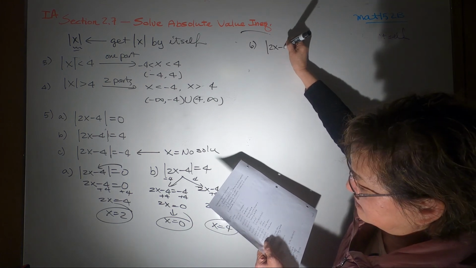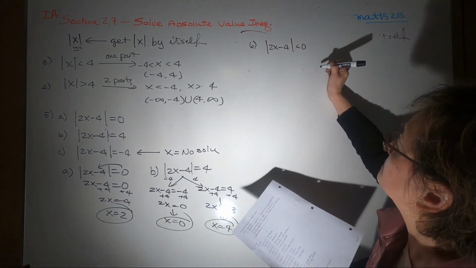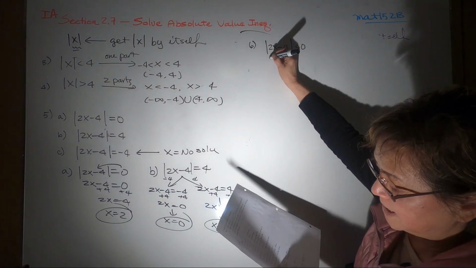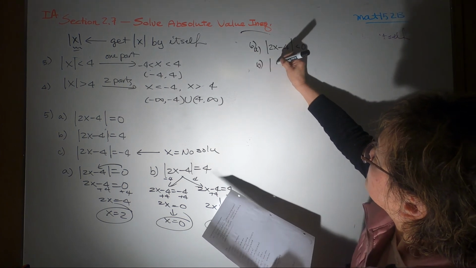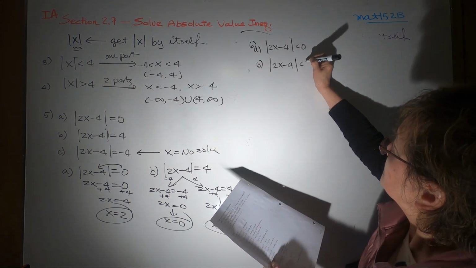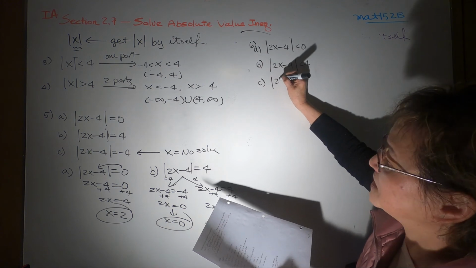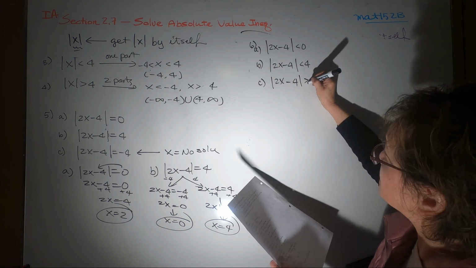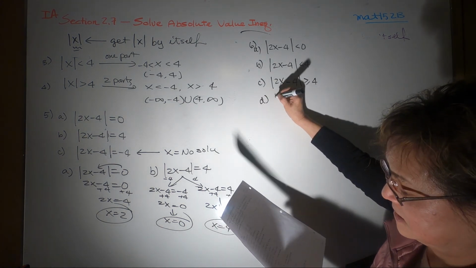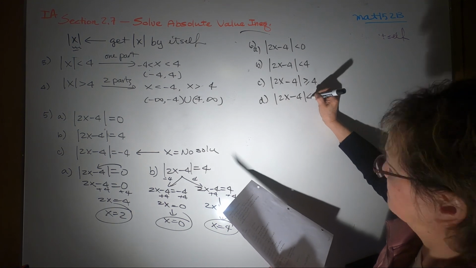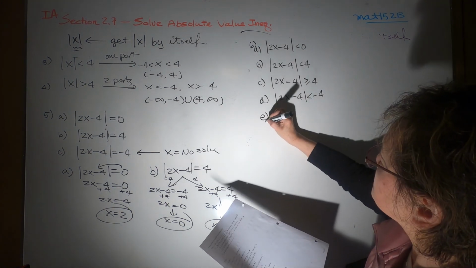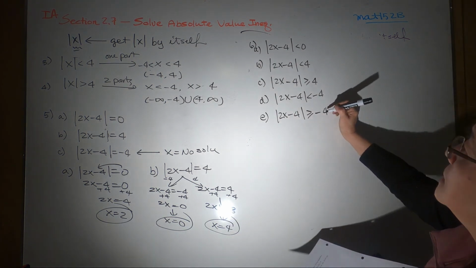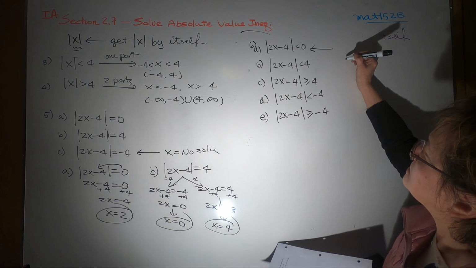So we have this -0. Is that possible? Okay, so then 2x minus 4 less than 4 for the same thing. We have here it's equal to, right? Now we are doing the inequalities, right? So 2x minus 4 less than 0, can absolute value be less than 0?